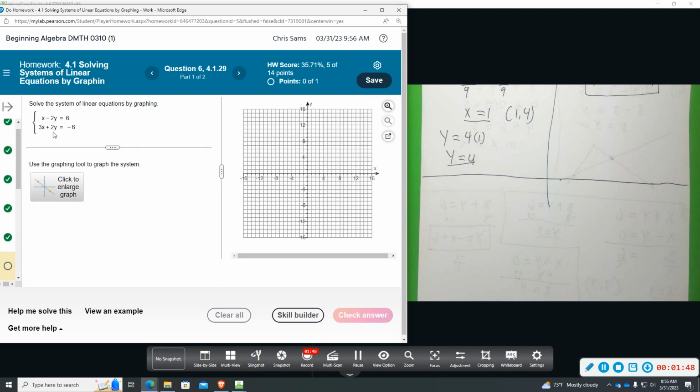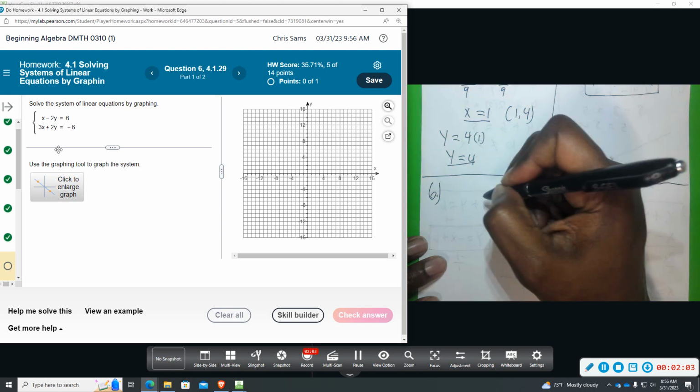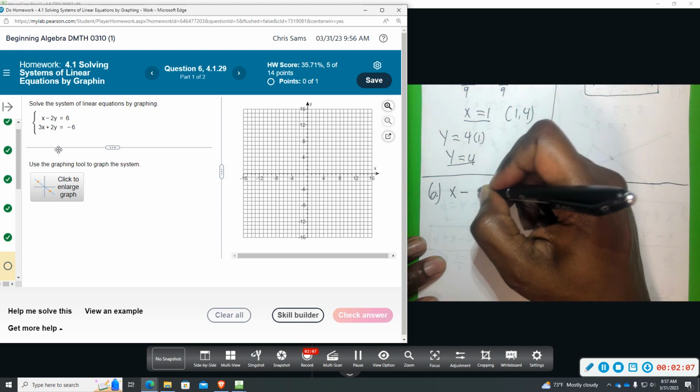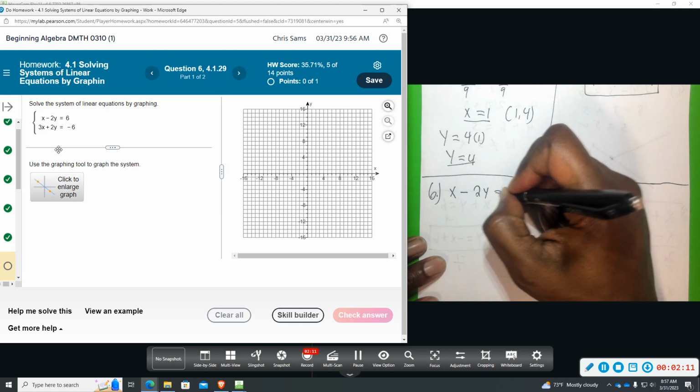All right, so this problem here is in what we call standard form, and this time I'm going to graph it by finding the intercepts. So this is number 6. So I'm going to do x minus 2y equals 6.